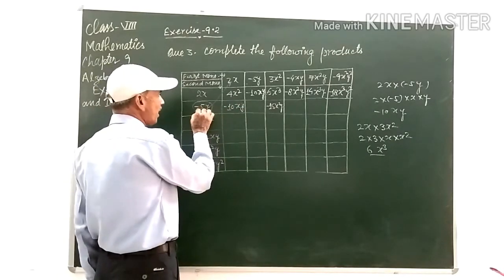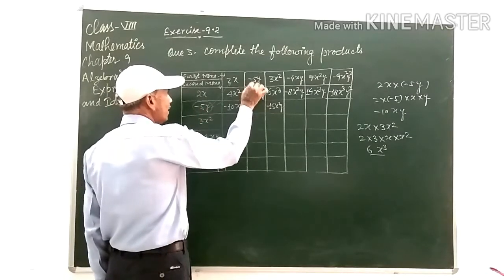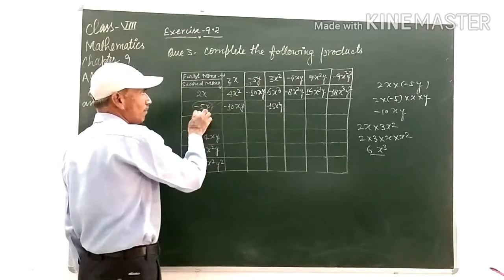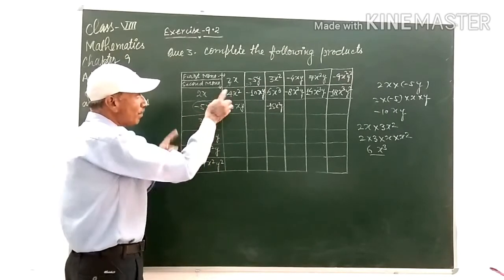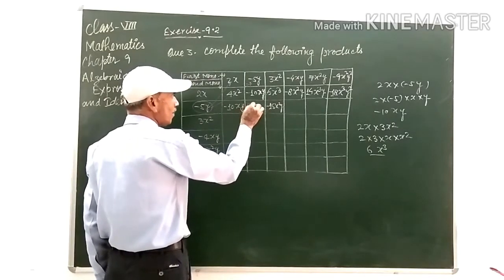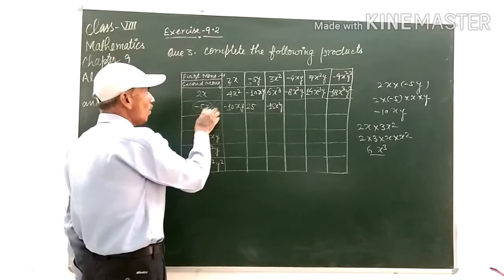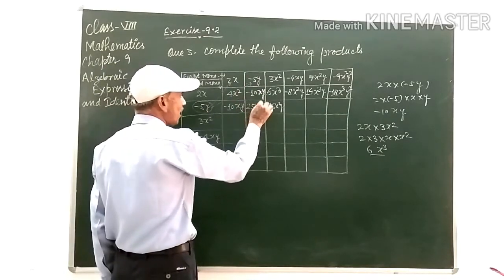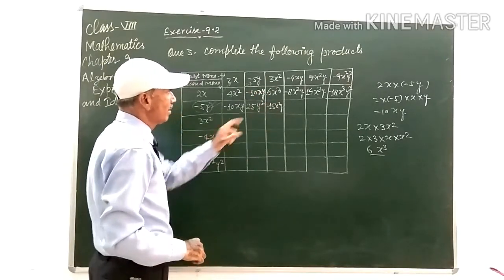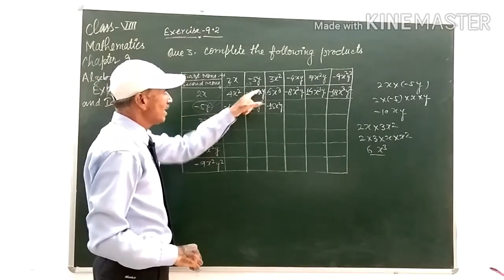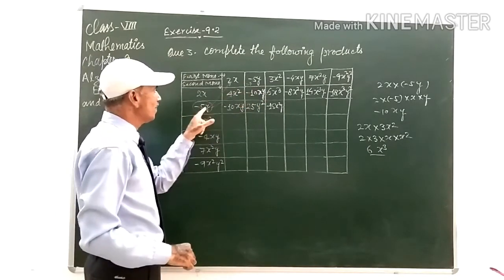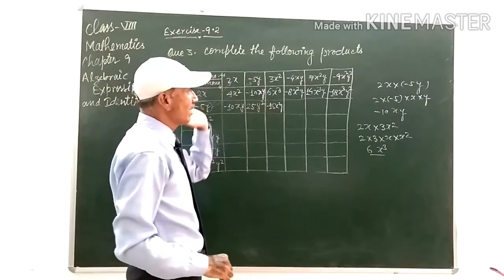Now minus 5y with minus 5y, minus 5 into minus 5, 5 5s are 25, minus minus makes plus, so this will be plus 25y square. Okay, students? And here it is given, 3 5s are 15, that is minus 15 because 5 is negative, so minus 15x square y, it is given.